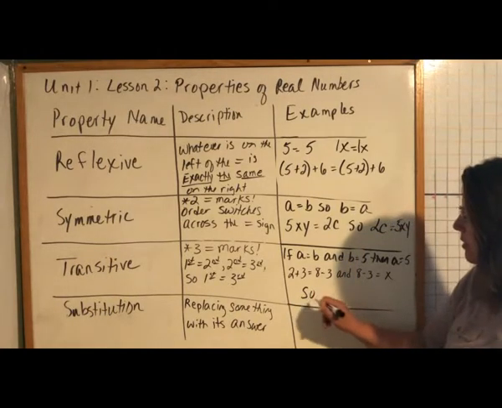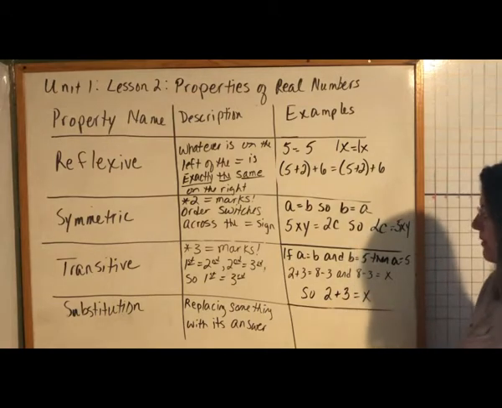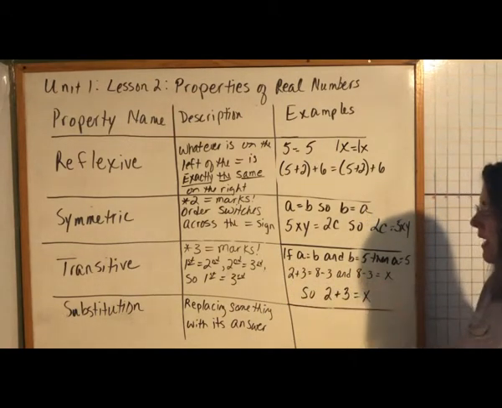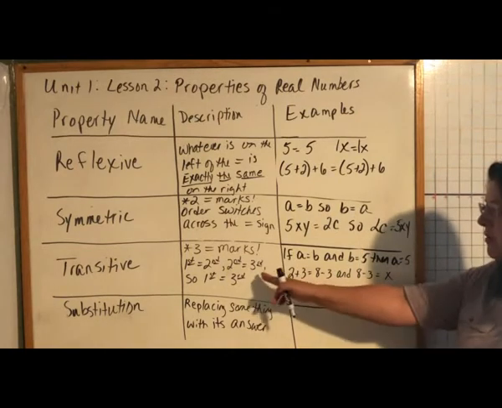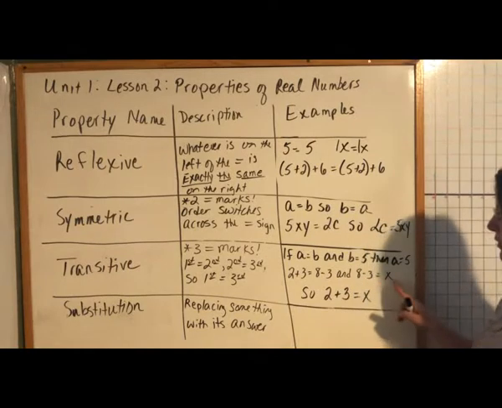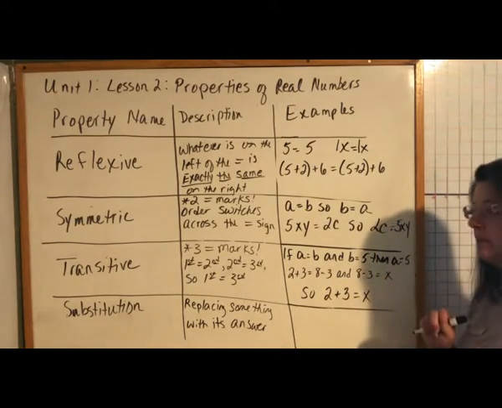So 2 plus 3 equals x. So they've made it a little bit more difficult by putting an expression in there, but the basic understanding is the first thing equals the second thing, and then the second thing equals the third. So it's true that the first must equal the third, okay?